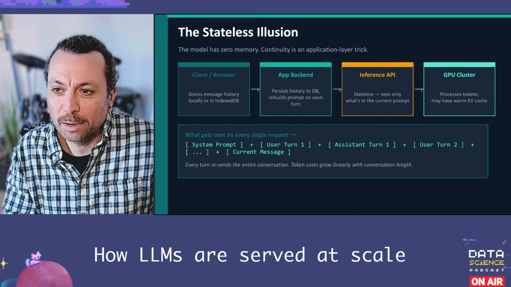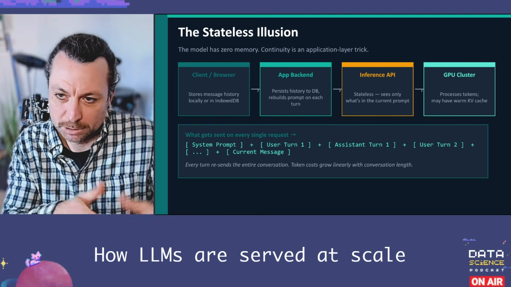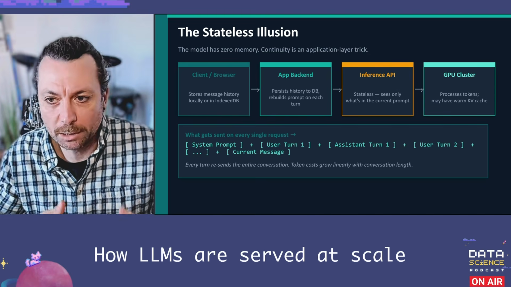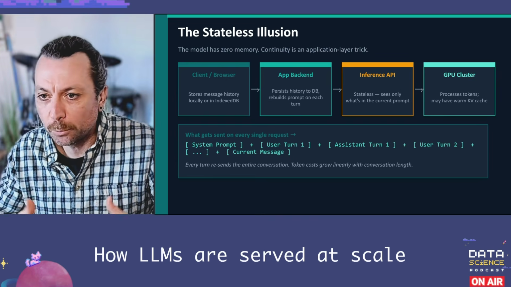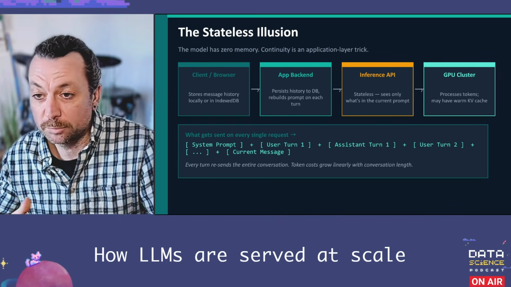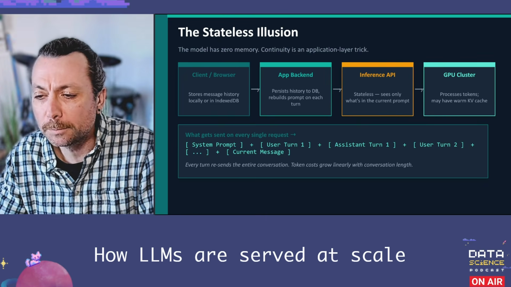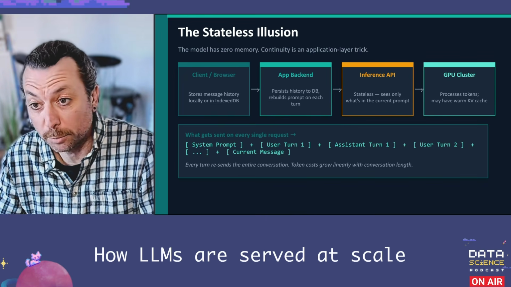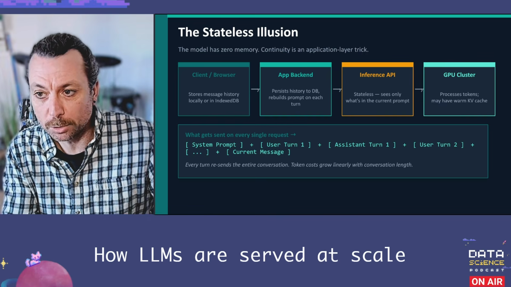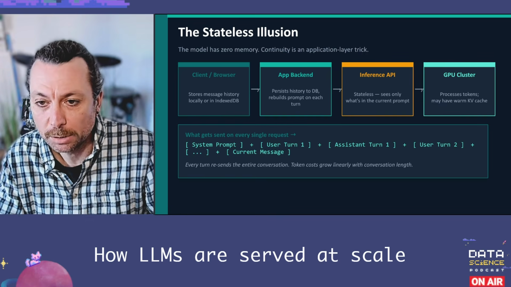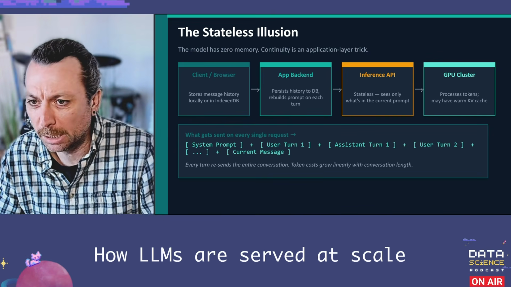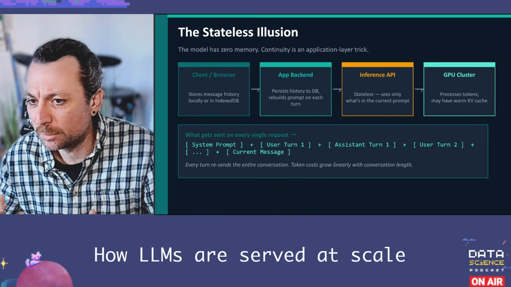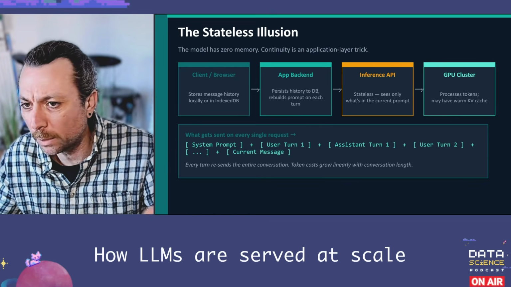So in fact, we have your browser, your client, in case of a browser, in case of an agent, a CLI, whatever you're using for sending that prompt to the large language model. What happens in the browser, if we take the example of the chatbot, is that it stores message history locally, typically on a standalone database, IndexedDB and SQLite, whatever.